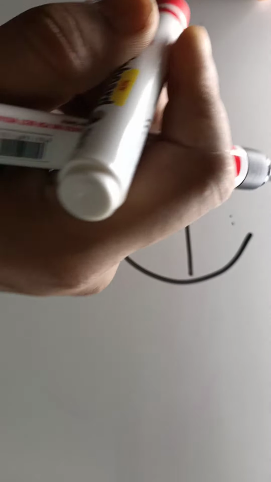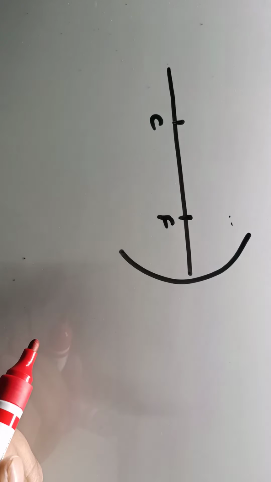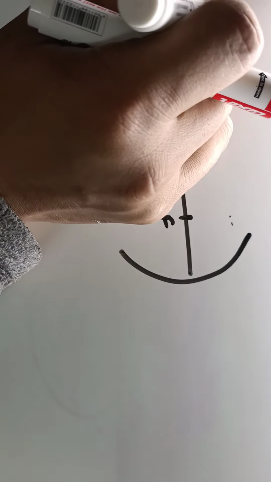So the first image that we are going to draw will be the image for an object if the object is placed at infinity, right? What do you mean by the object being at infinity? That means it is very far away from you.